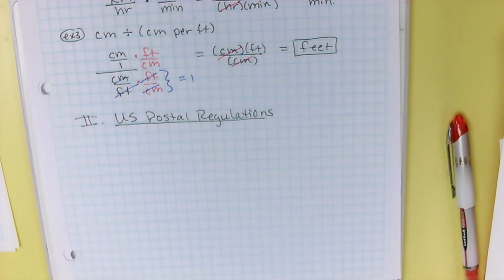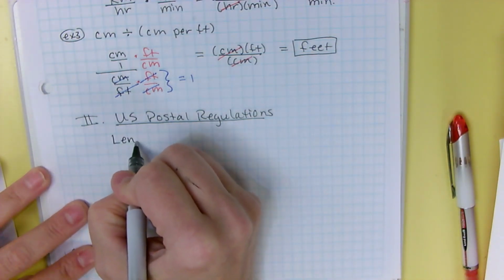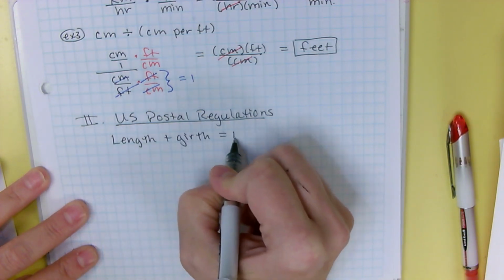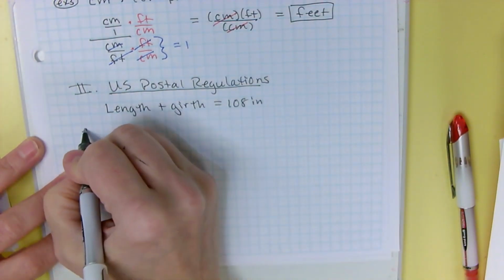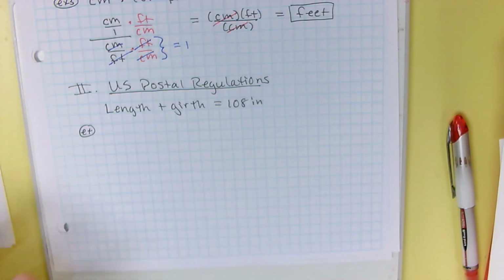Basically, for U.S. postal regulations, there's a package where the length plus the girth equals 108 inches, and then it goes on a standard shipping rate.